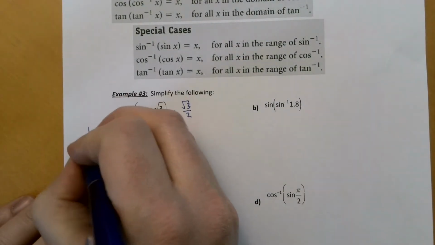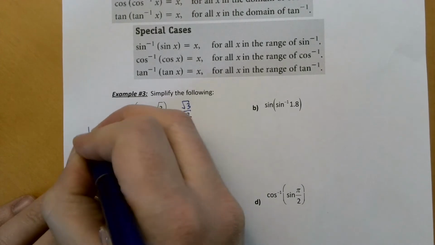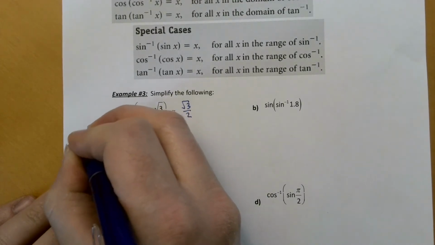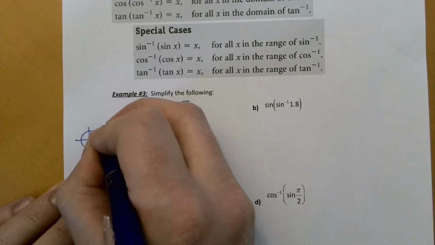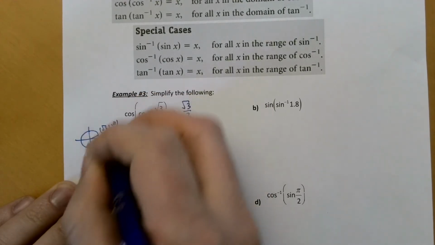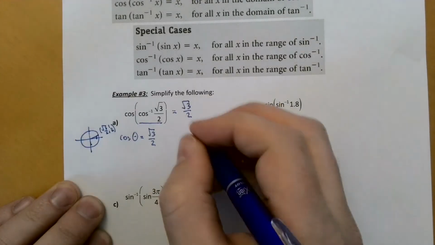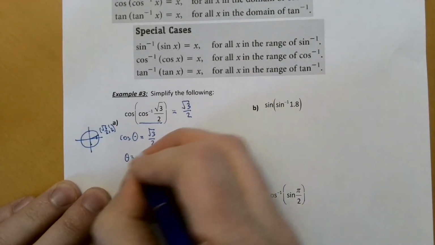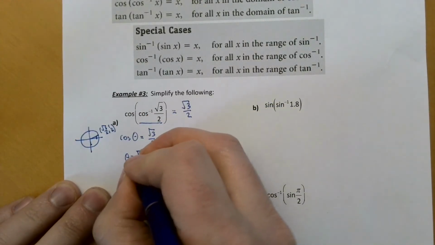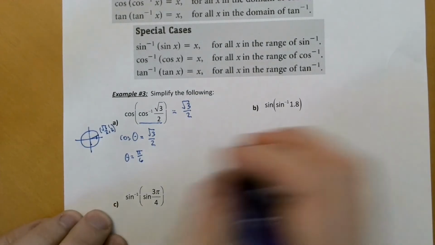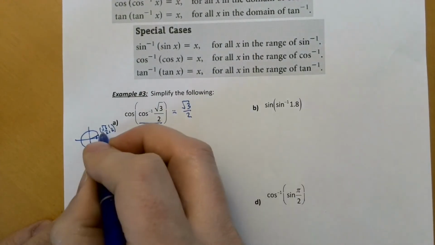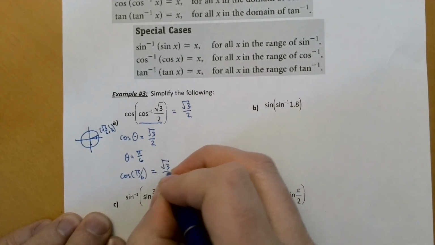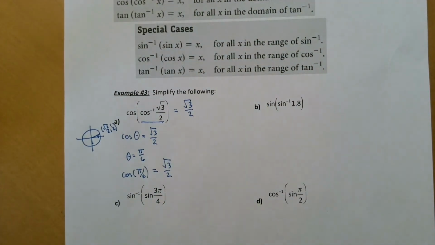From my memorized unit circle, I know this is a first quadrant value, and the x coordinate, root 3 over 2, which is the one we want, is right here. And this measure is pi sixths. Then I take cosine of pi sixths and ask myself, what's the answer? Well, it's that x coordinate, right? So yes, we've confirmed this is indeed the correct answer.